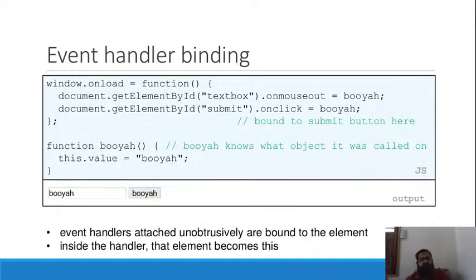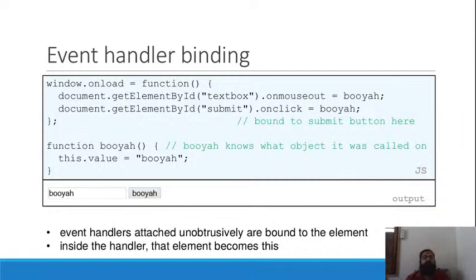So you have a function called booyah, and in that function you have this.value equal to booyah, which means that the function booyah will have a reference to the object which called booyah.